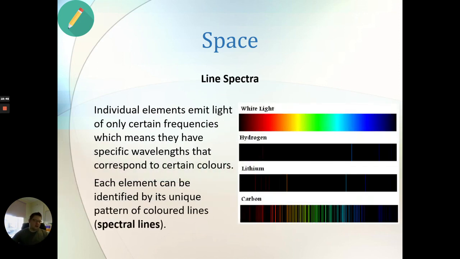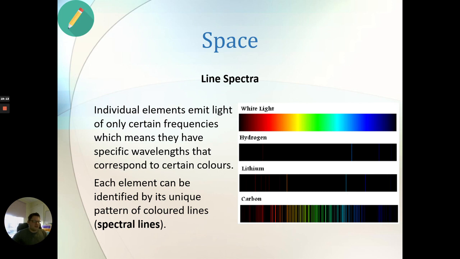So here, you can see white light up the top, that continuous spectrum of colour, but hydrogen now has a couple of blue lines and a red line that make it quite visible and quite easy to recognise. Lithium's got a bright orange line, a few blue lines, a few red lines. Carbon's really complex, but these lines are specific to every single element.